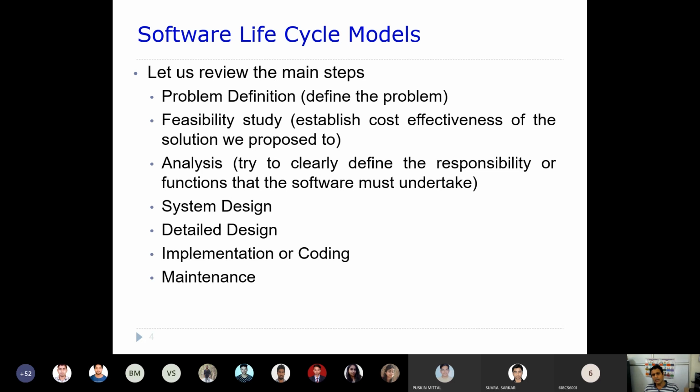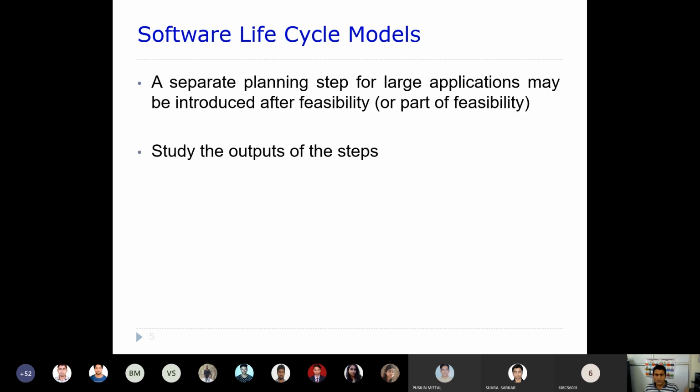Then we have an implementation or coding phase, and at the end a maintenance phase. So these are the various important activities, and we will talk about each of them one by one. After that we will talk about process models. Maybe today we'll start with a process model, or maybe in the next lecture I'll start with the classical waterfall model.